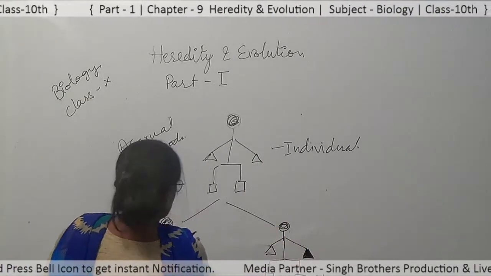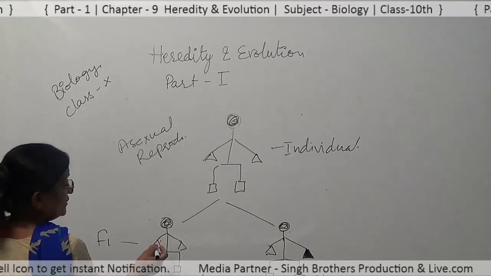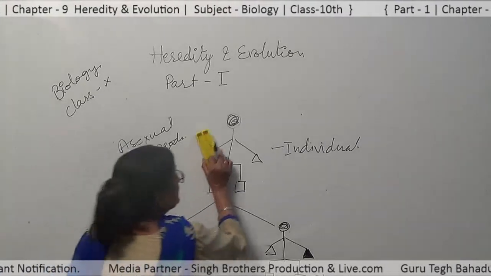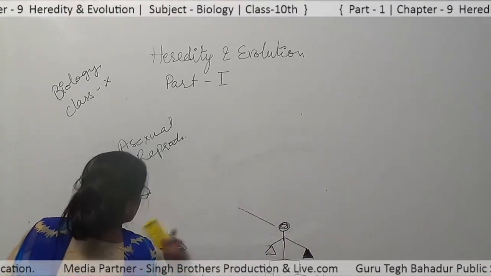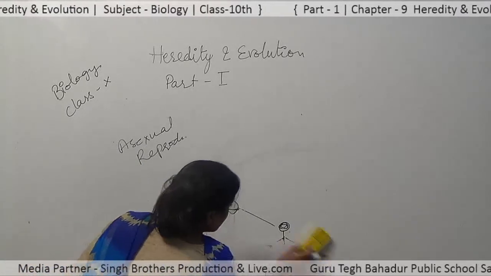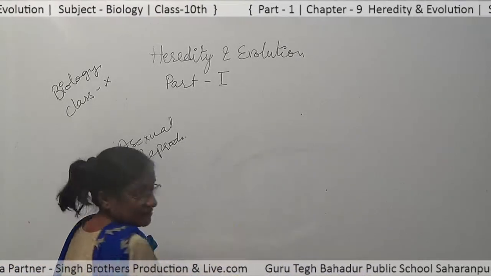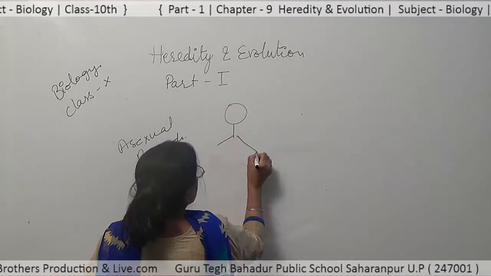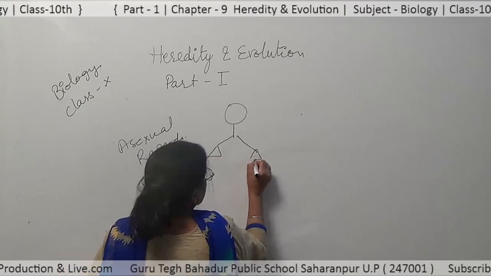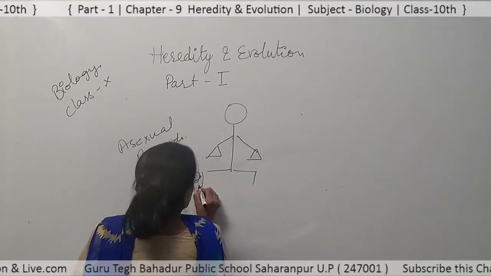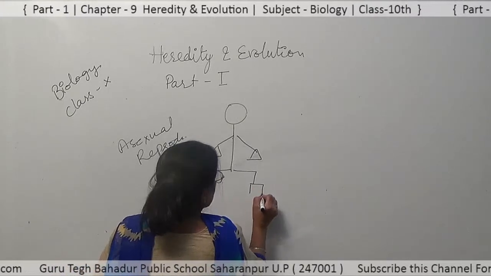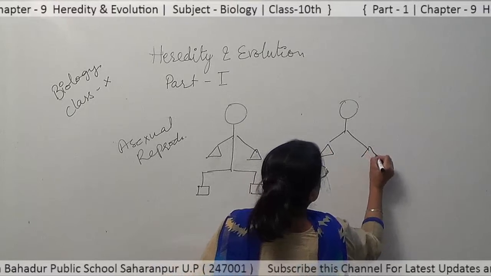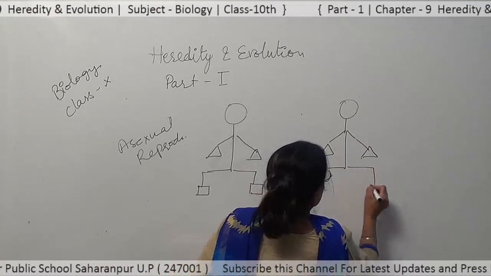Now, if this normal character is again divided, as we can draw it like that, in the F2 generation, what will happen during asexual reproduction? There can be some changes.